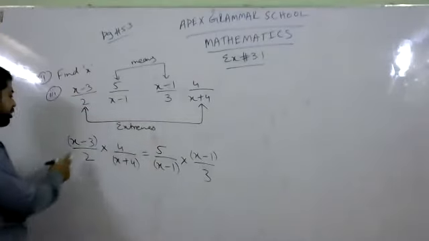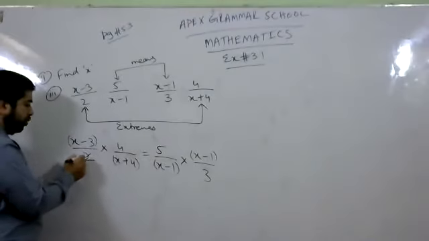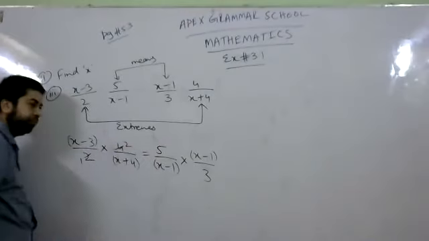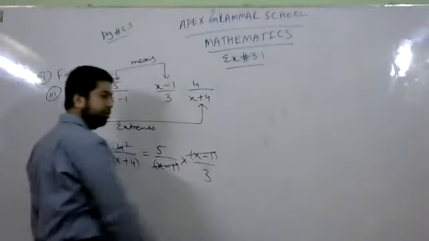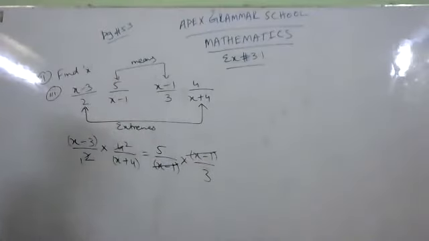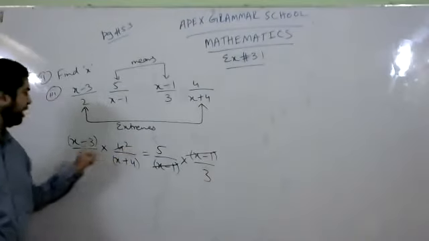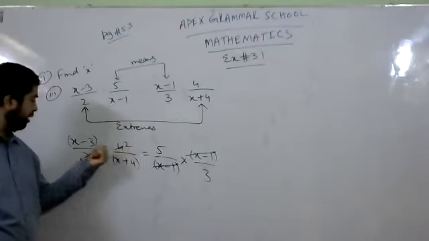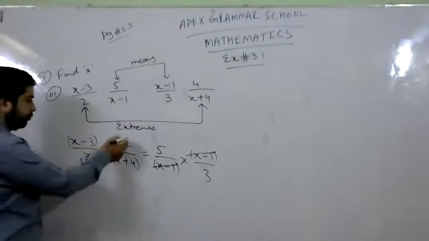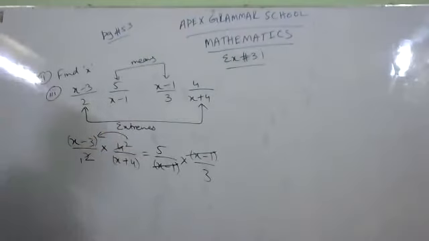Now this 2 will divide into this 4, 2 twos are 4. And also this x minus 1 will cancel this x minus 1. And you are left only with 2 multiplied by x minus 3. Remember that this 2 is going to multiply to this x minus 3. So you can multiply that.